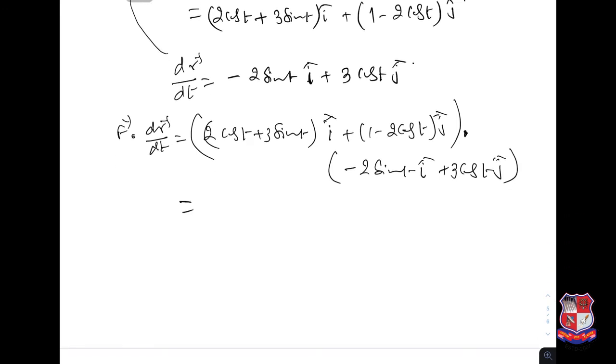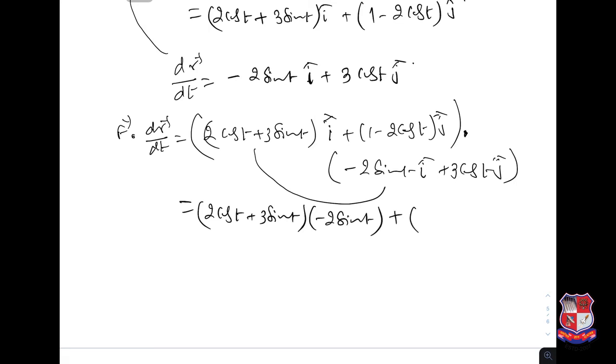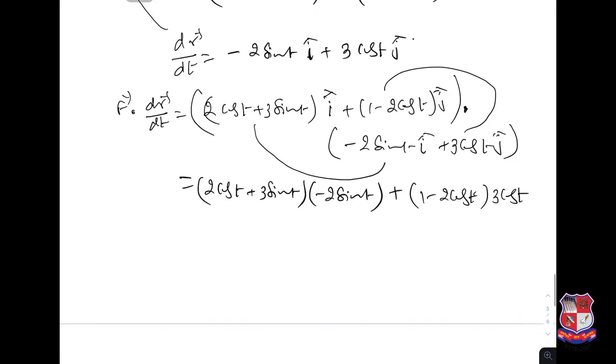And so this is equal to, 2 cosine t plus 3 sine t into minus 2 sine t, then plus 1 minus 2 cosine t into 3 cosine t.